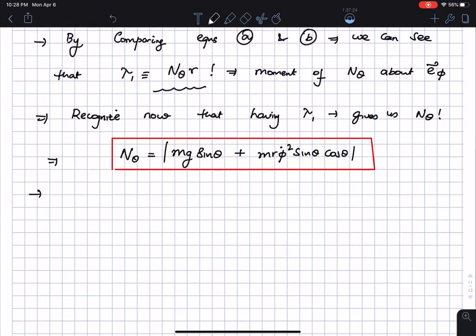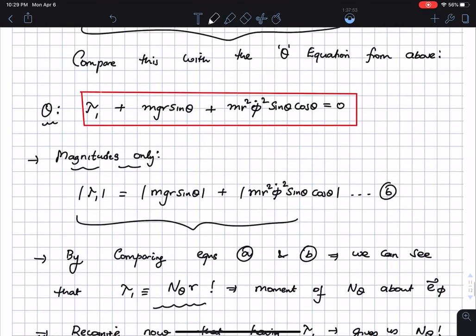Look at the second constraint equation, or rather the second equation for theta, I'm sorry, I apologize for that, from the phi equation. Okay, that's what I wanted to write here. So from the phi equation, here is what we have.